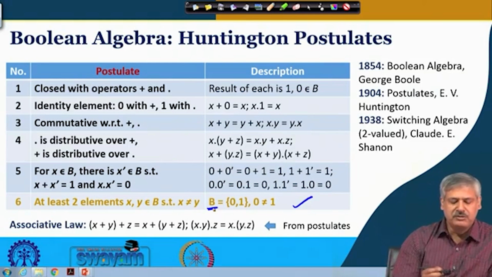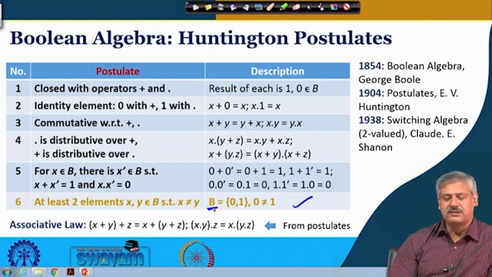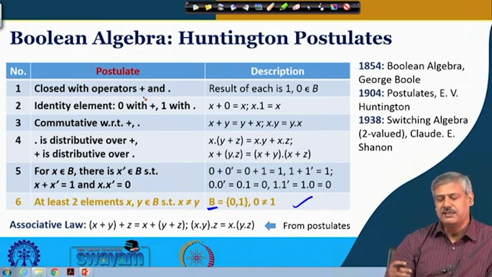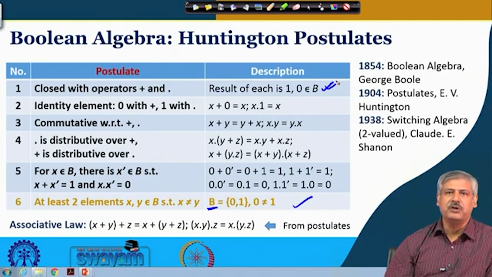Postulate 1 says that it is closed with operators plus, that is OR, and dot, that is AND. That means if you have an operation with these two operators, the result is unique and is a member of this set, okay, that is, the result will be 1 or 0.